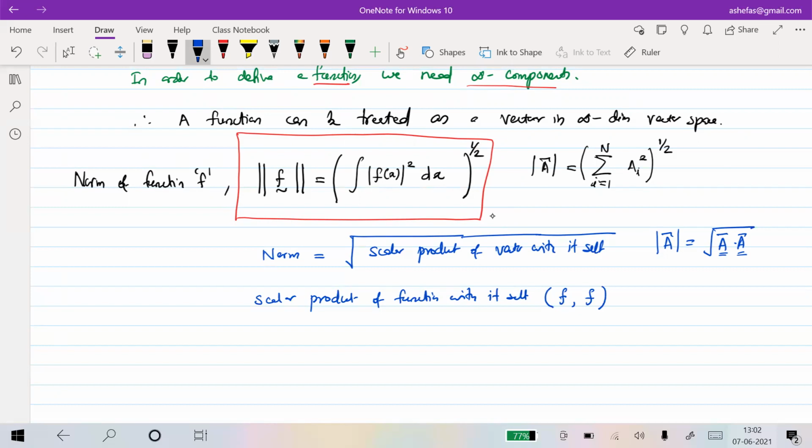So the scalar product is equal to the integral of modulus of f of x squared dx. We have defined what is called the scalar product, which is also known as the inner product.